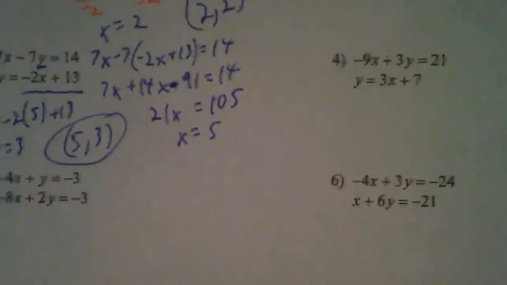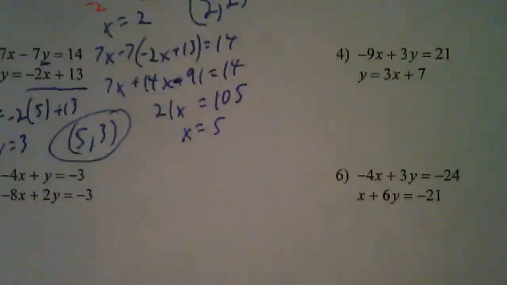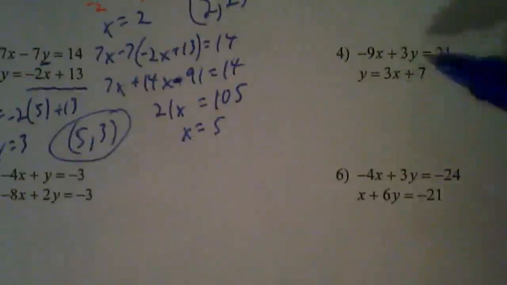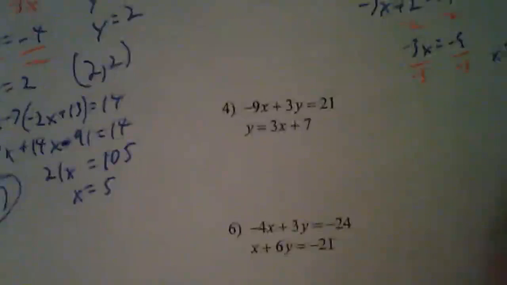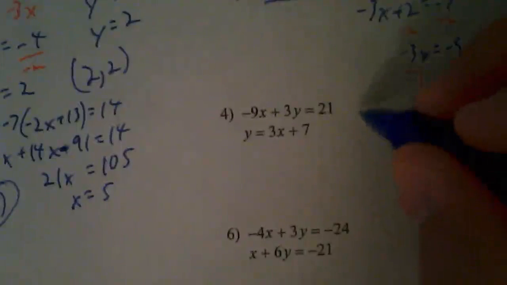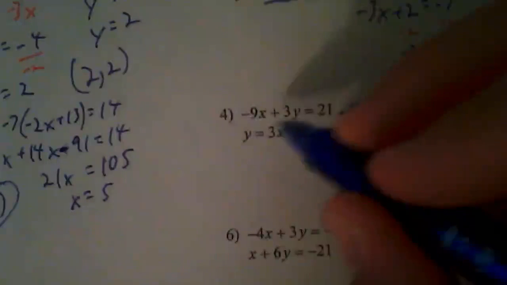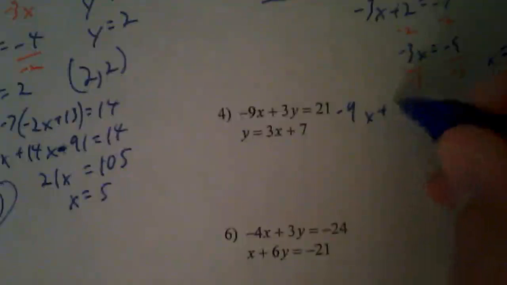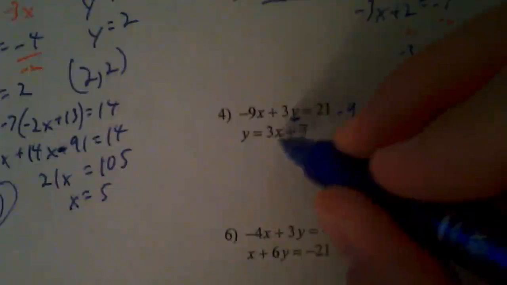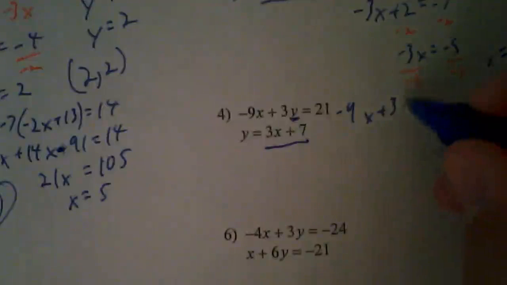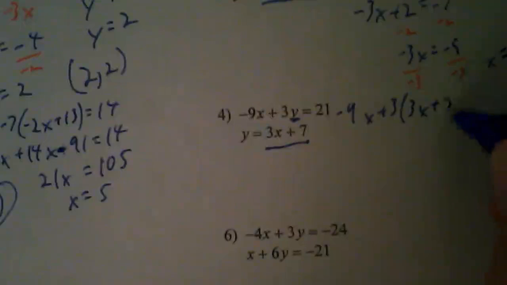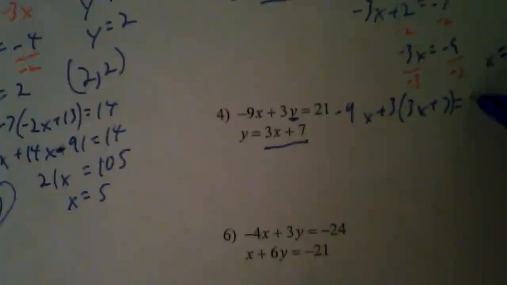Going over to number 4. On number 4, again, the bottom one is set equal to y, so we can go ahead and plug in for y in that equation. So we have 9, negative 9x plus 3, again, this y is being replaced by this entire equation, 3x plus 7 equals 21.